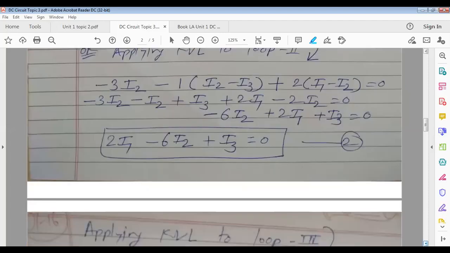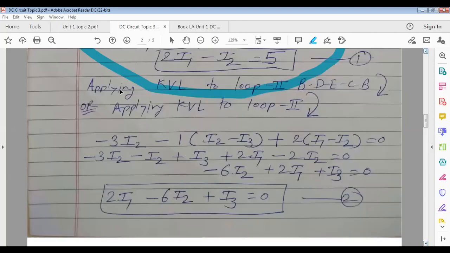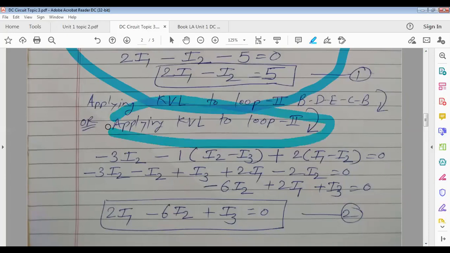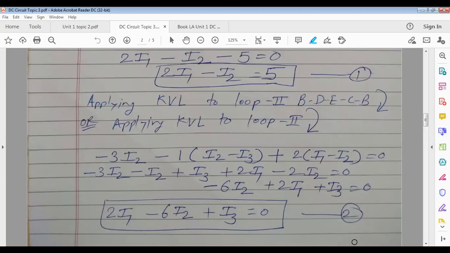Simplify it. See this, like this you can write. See here, both I have written: applying KVL to loop 2, just clockwise direction, or applying KVL to loop 2, B, D, E, C, B. Cross check the second equation: 2 times I1 minus 6 times I2 plus I3 is equal to 0.